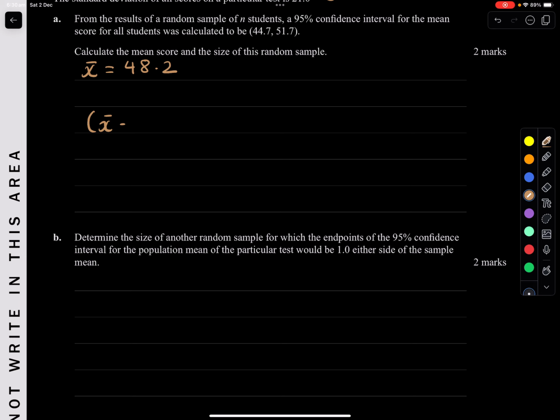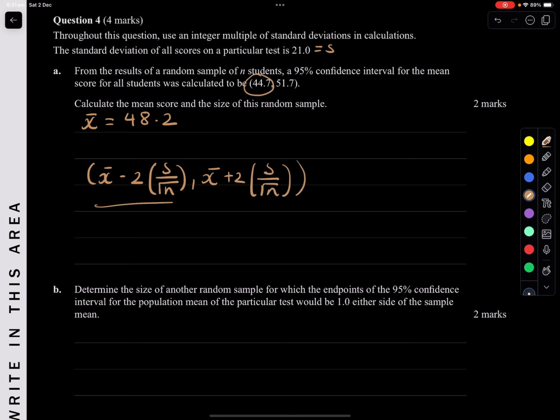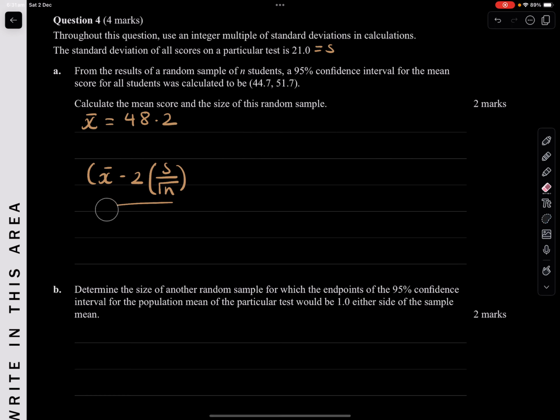Normally it's Z, in this case 1.96 for 95%, but we are using integer values, so that's 2, multiplied by S over root n. And there's going to be x plus 2S over root n. I'm just going to use this one over here, because we're just trying to find one variable anyway.